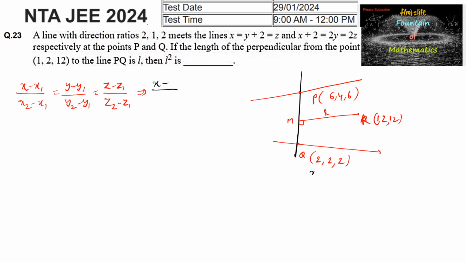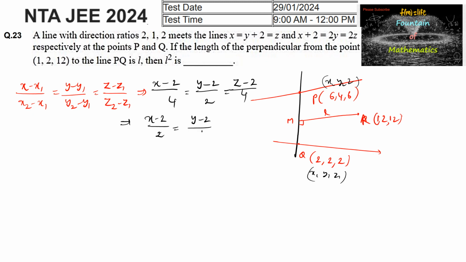Let us consider this is x1 y1 z1, and here it is x2 y2 z2. So x minus 2 upon x2 minus x1, that is 6 minus 2 is 4, y minus 2 upon y2 minus y1, that is 4 minus 2 is 2, z minus 2 upon z2 minus z1, that is 4. So which can also be written x minus 2 upon 2 is equal to y minus 2 upon 1 is equal to z minus 2 upon 2.